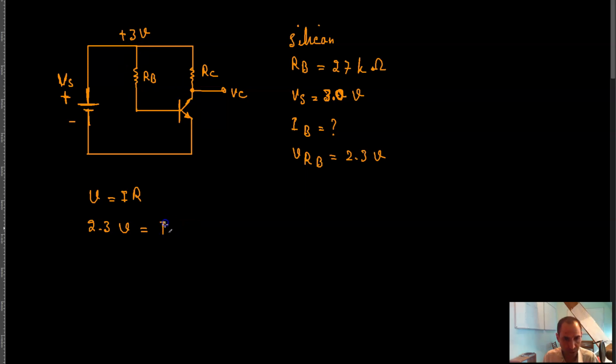So that's I of B, the current going through this resistor in amps, times the resistance of the resistor, which is 27 kilo ohms, basically 27 into 10 raised to the power 3 ohms.